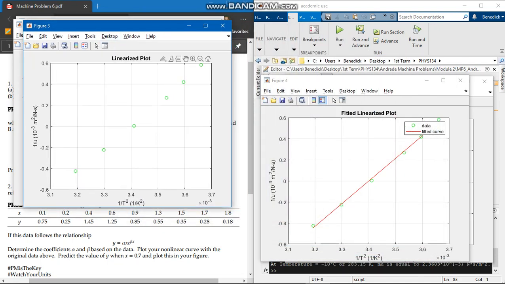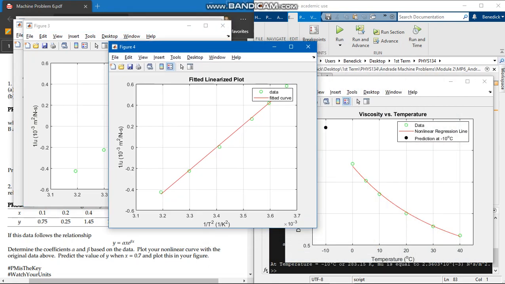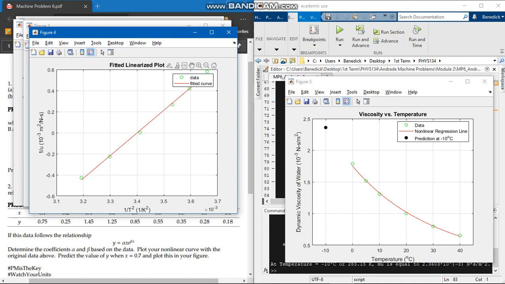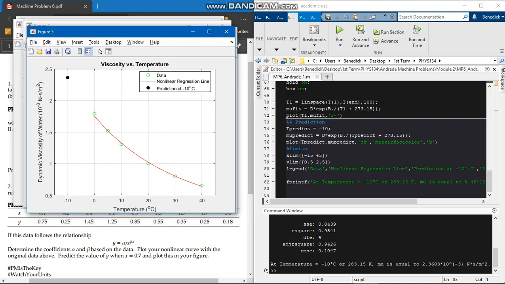Now for the third figure, the linearized plot, using the values of x and y. And then we fitted that plot. As you can see, the data are closer in the linearized plot. And here we predict the value of the dynamic viscosity of water when it's negative 10.